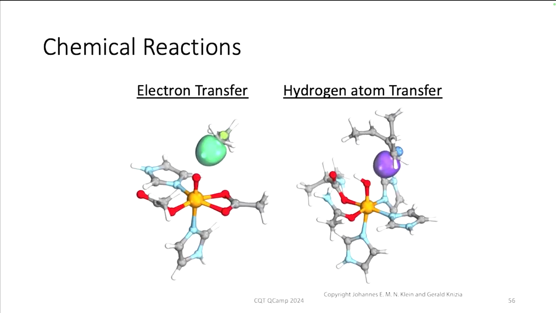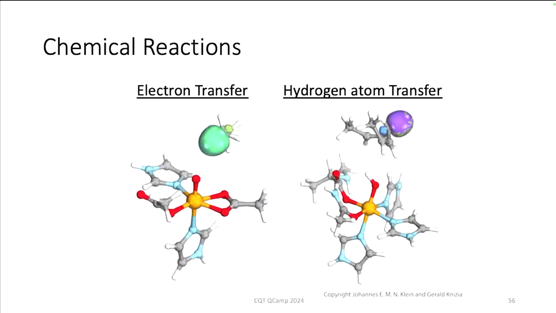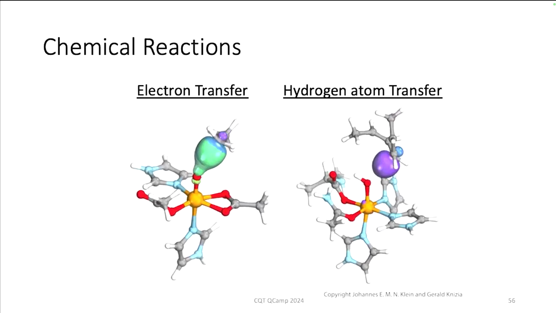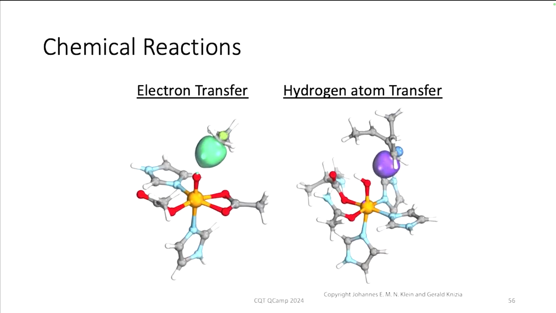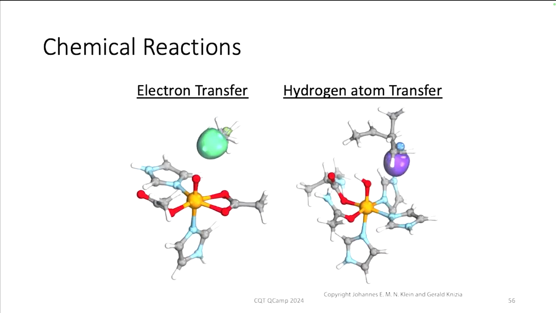Basically, in this electron transfer, the electron moves from one molecule to the other molecule. But what happens is that the wave function of the molecule actually changes. And then this one is hydrogen atom transfer, meaning the electron and a proton actually transfer from one side.